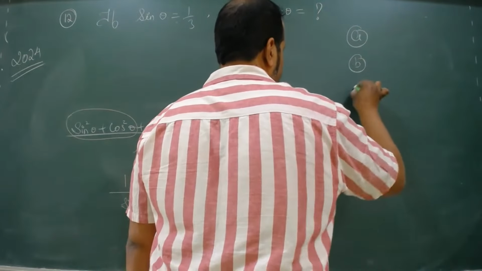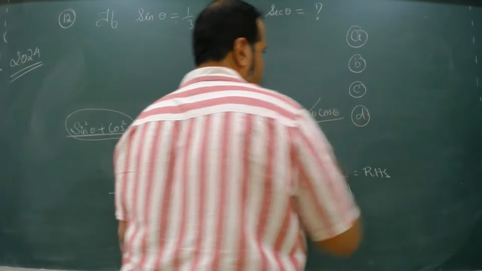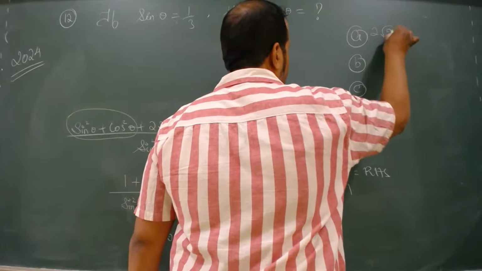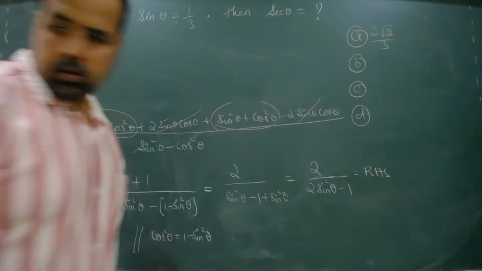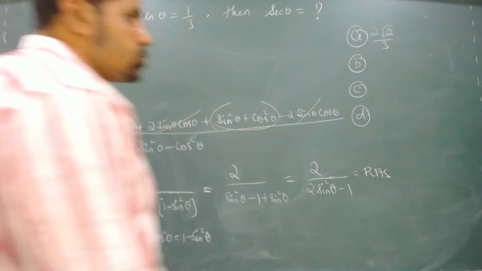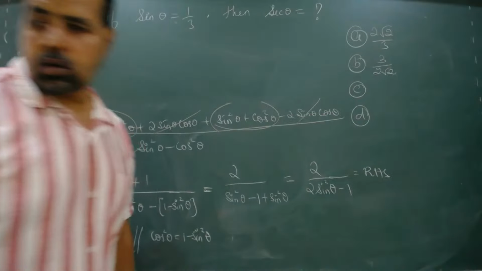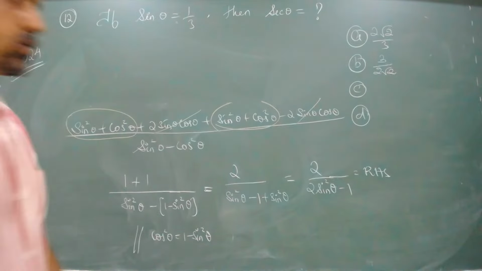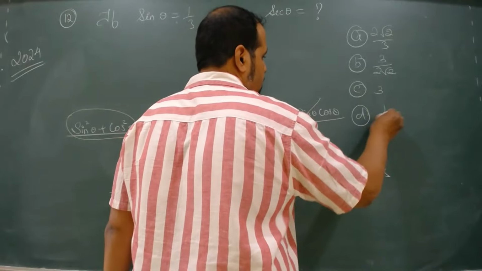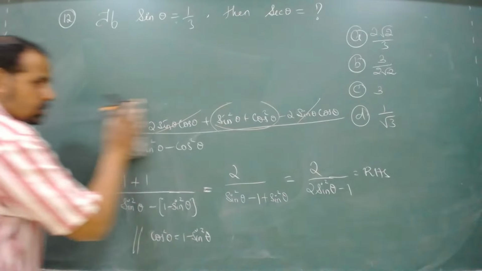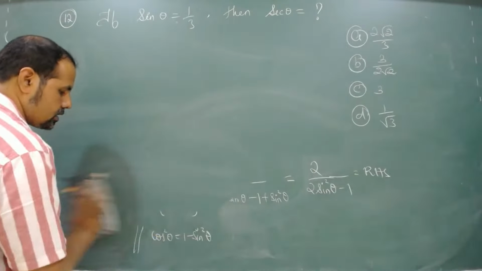Options A, B, C, D. 2 root 2 by 3, next one, 3 root 2 by 2, the next option is 3, and 1 by 2. Let's give a try.